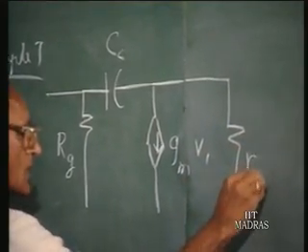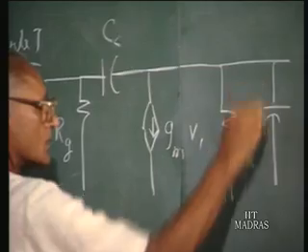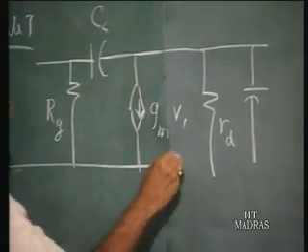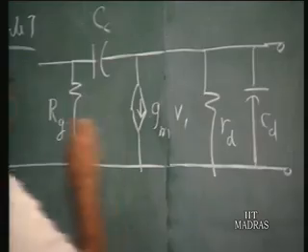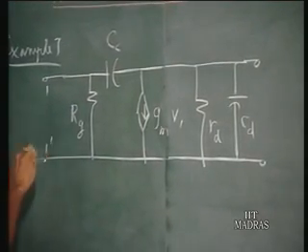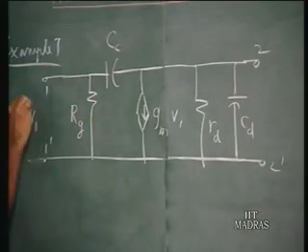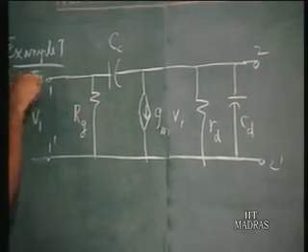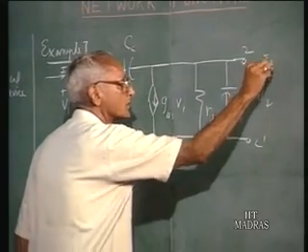We have resistance Rd and finally a capacitance Cd. So this is 1 prime, 2 prime, with V1, I1, V2 and I2.